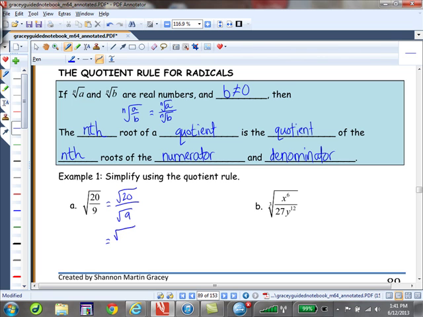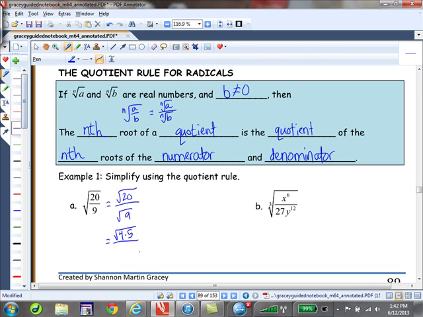Well, the square root of 20, we can write as the square root of 4 times 5. I did that because 4 is a perfect square. And the square root of 9 we can evaluate as 3.